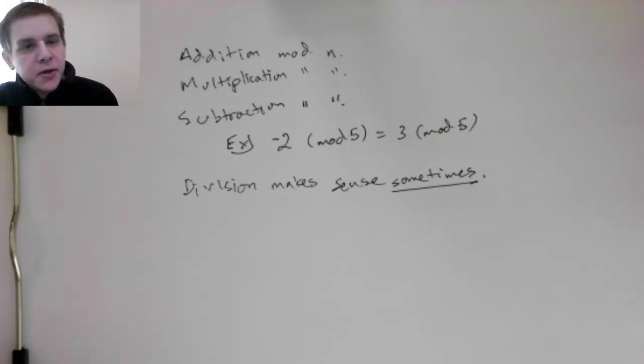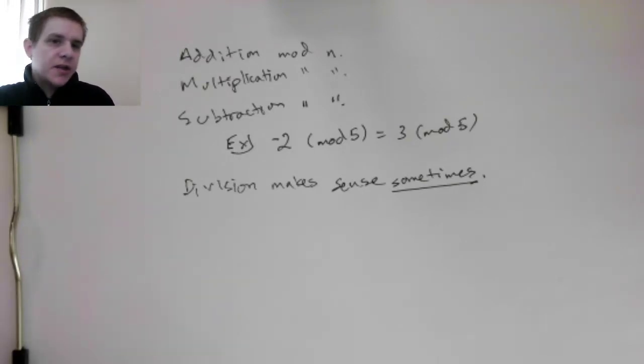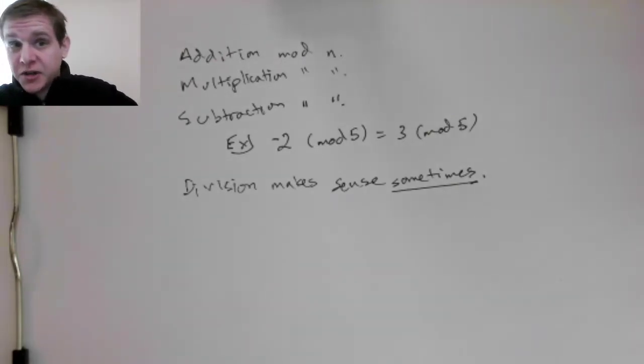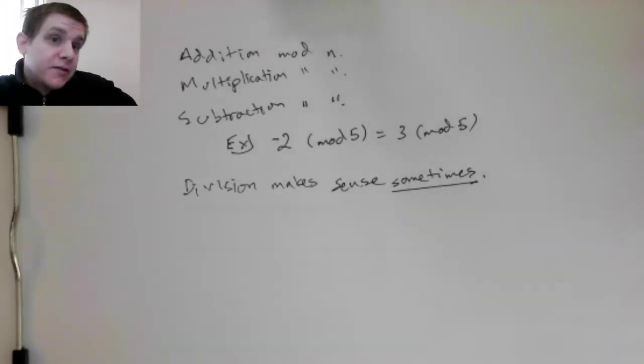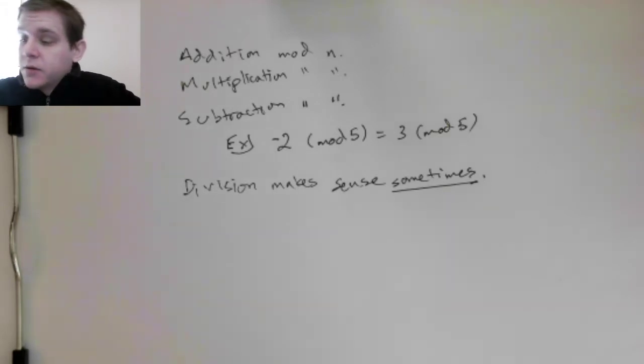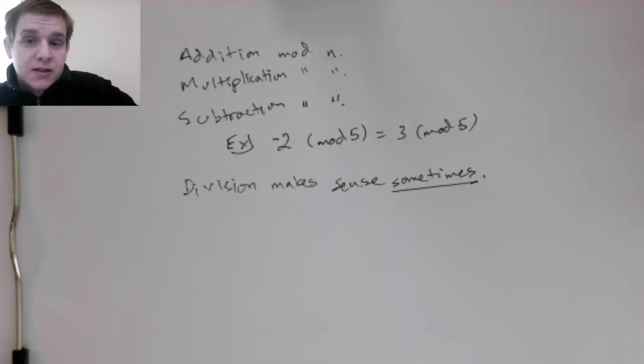To be honest, it's kind of a miracle that you can divide at all, because if you think about the integers, the only things you can divide by are 1 and -1, right? Everything else doesn't have a well-defined division unless there's a very specific relation between the two numbers you're looking at. For b divisible by a, we define that relation: a divides b. So division here will make sense sometimes, just like usual, but it will make sense more often.